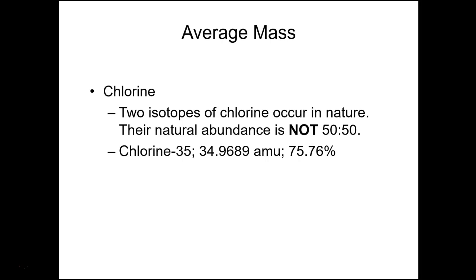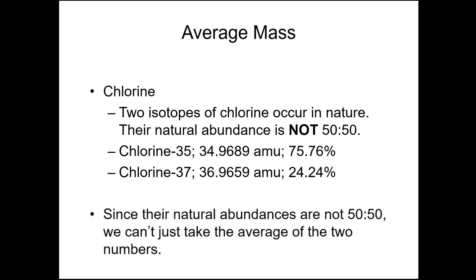That is, 75.76% of all the chlorine atoms in the universe are chlorine-35. And you would assume that if you had a sample of chlorine, which contains billions of billions of billions of atoms, you're going to get that distribution, in which 75.76% of them are chlorine-35 and the other 24.24% are chlorine-37, which has a mass of 36.9659.